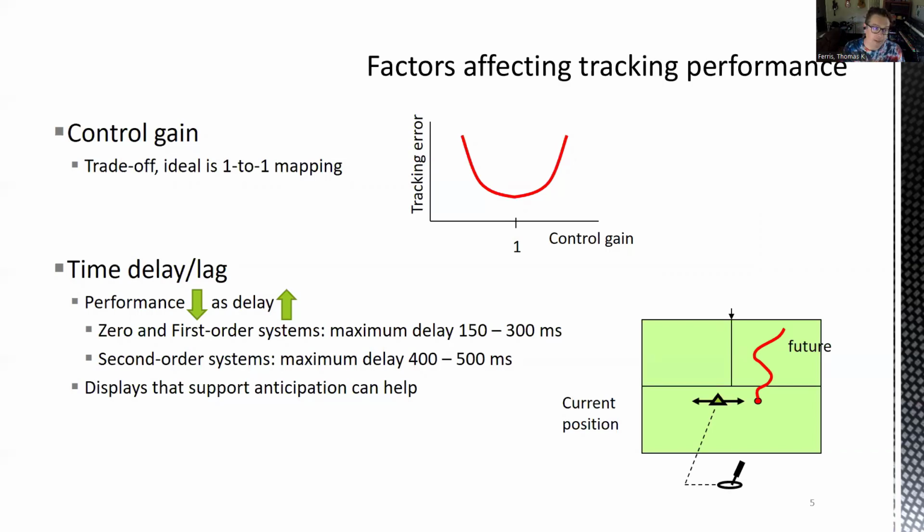So we know about zero order, first order, second order systems from back in the controls topic, if you want to review that. You remember a zero order system, the mouse, is position based, right? The input that I provide changes the position of the affected system.